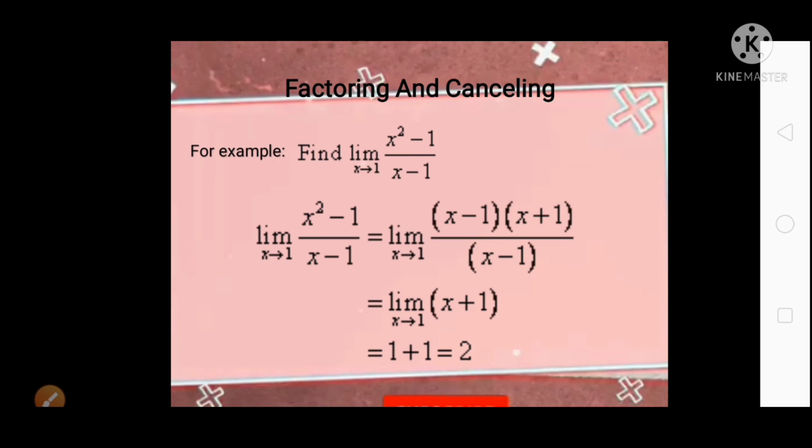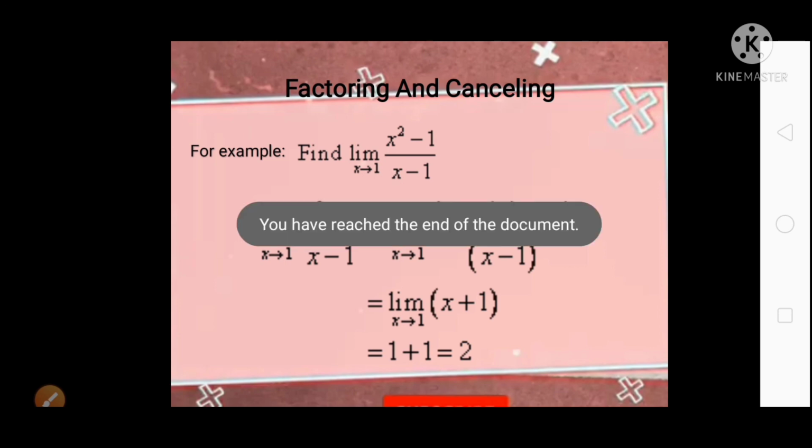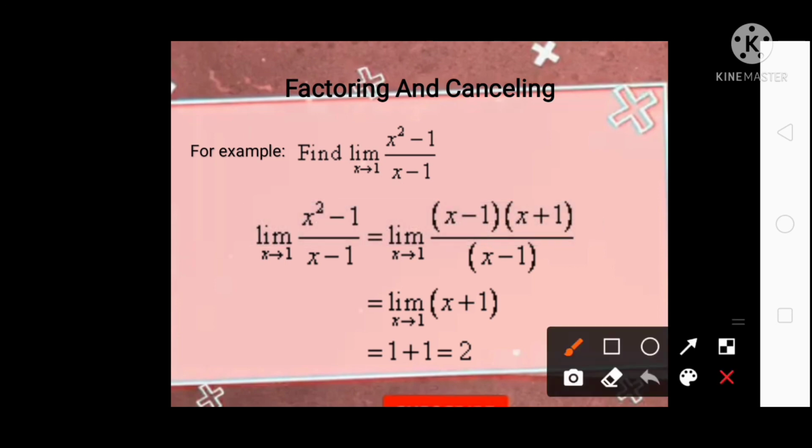The factor of x squared minus 1 is x minus 1 times x plus 1, all over x minus 1. Then we can cancel the x minus 1. So we have x plus 1.